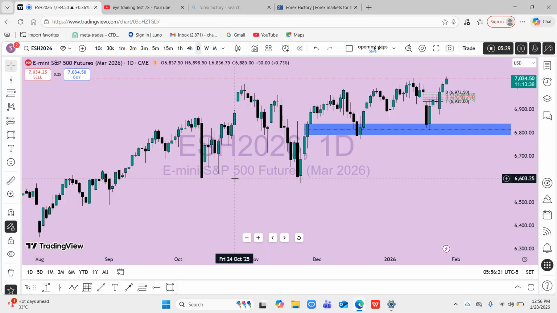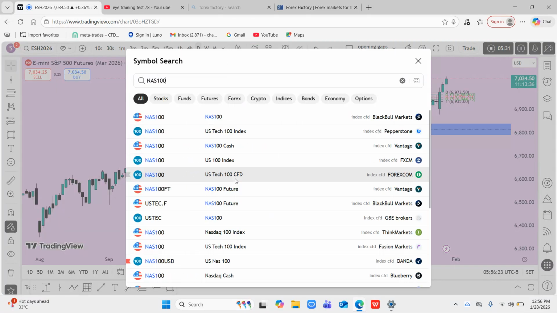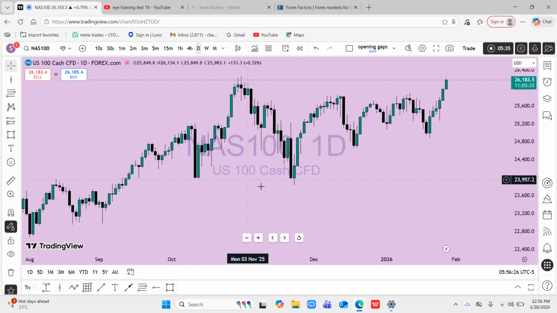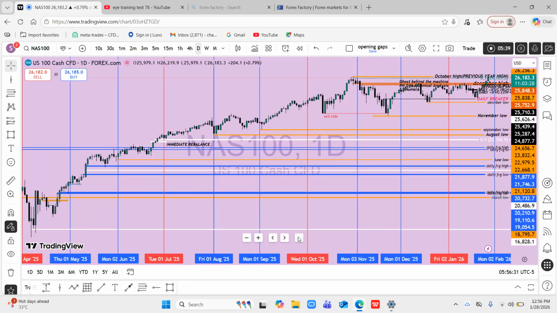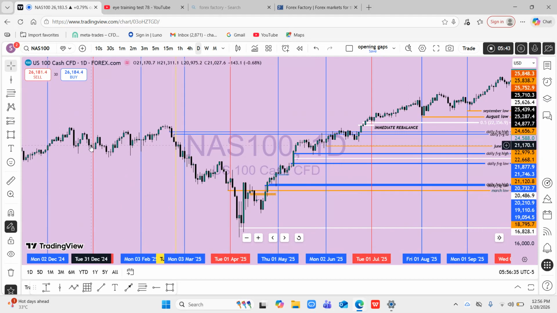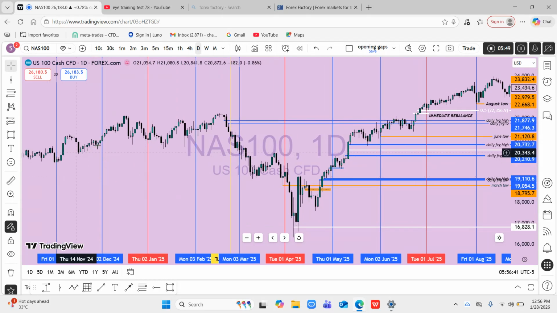But going to Nasdaq 100, this is the CFD. I'm South African, so I'm looking at the beginning of the year, this January. I can even start from December.